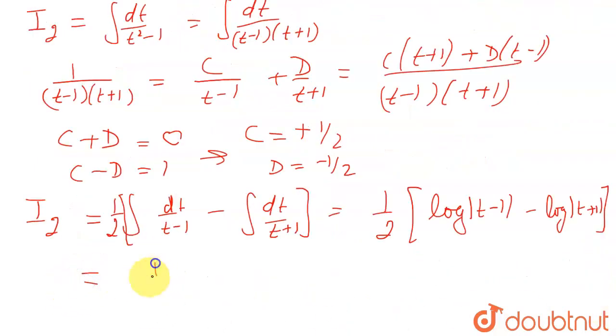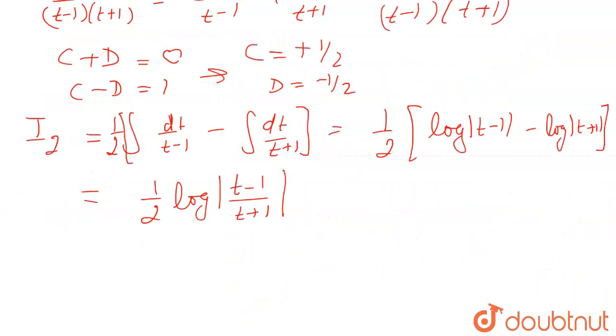Therefore I2 will be equal to half of log of mod of (t minus 1) upon (t plus 1). Now let's calculate I3.